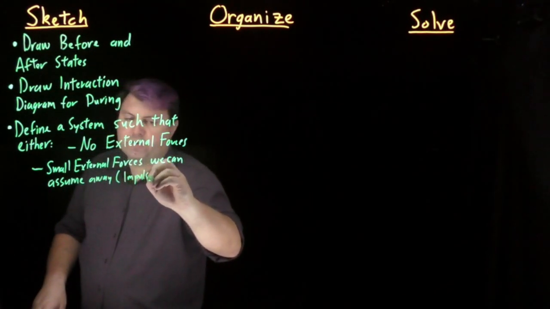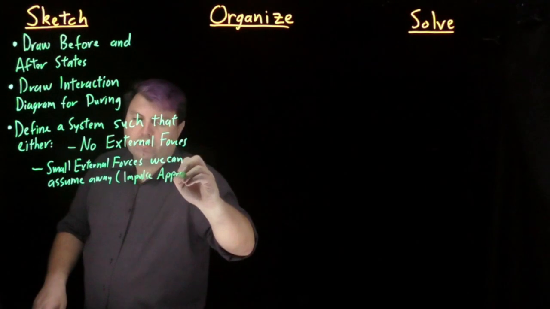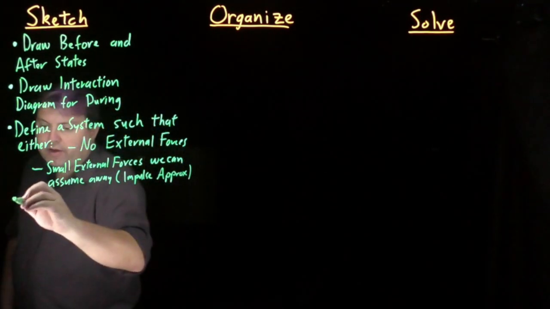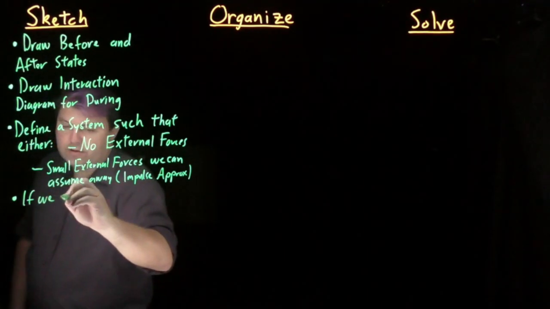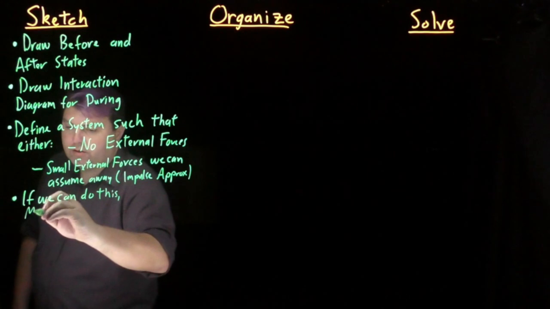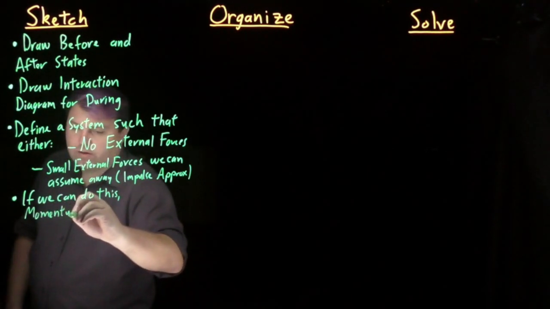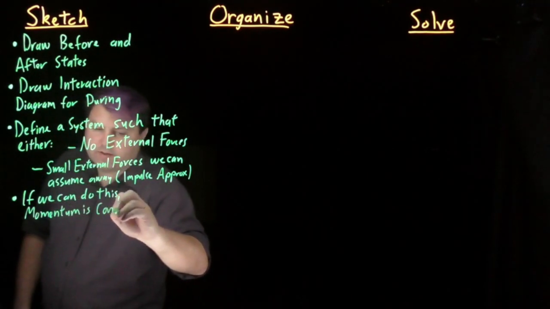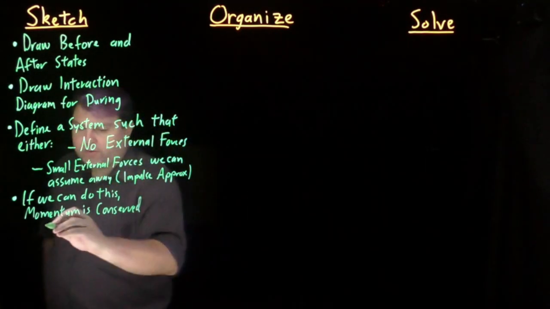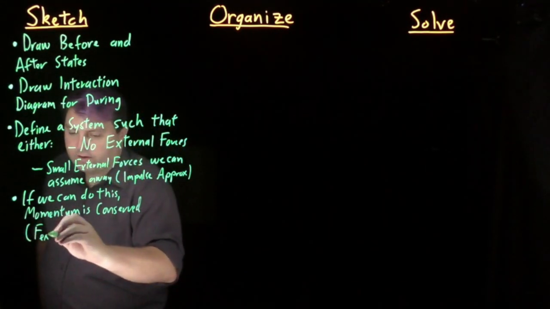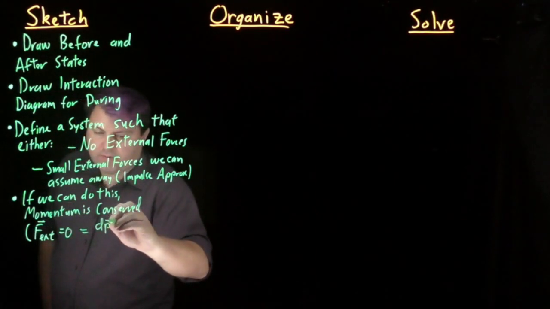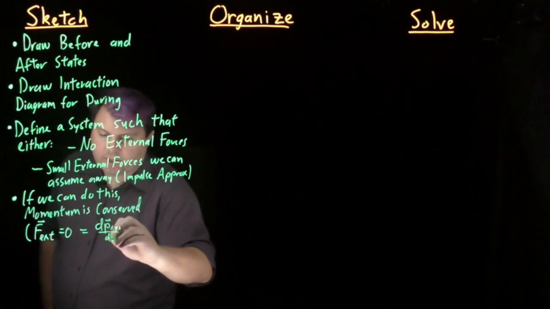This is our impulse approximation. So if we can do this, momentum is conserved because the external force is 0, which means that the momentum of our system doesn't change with time.